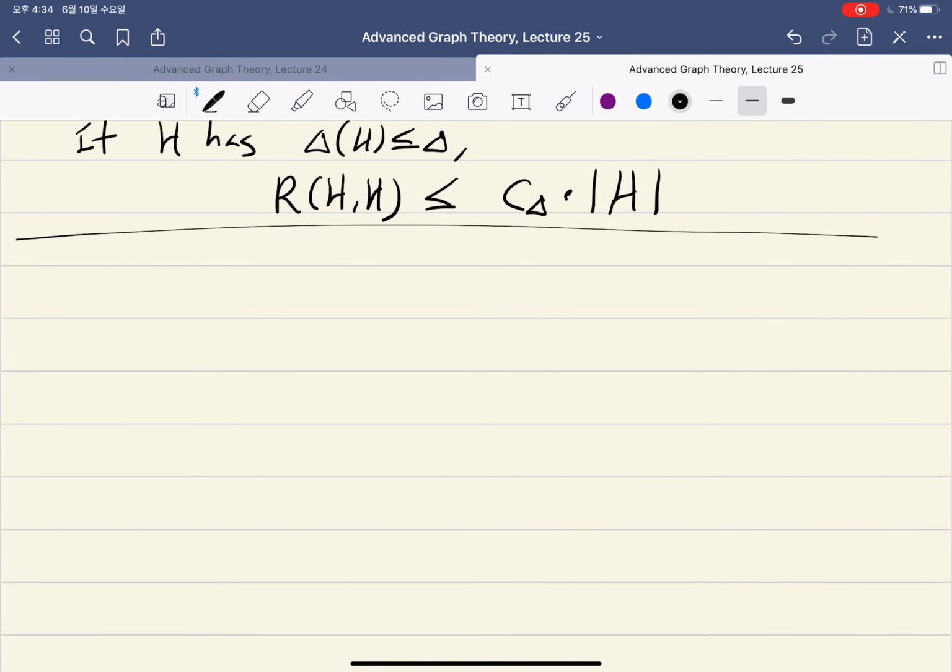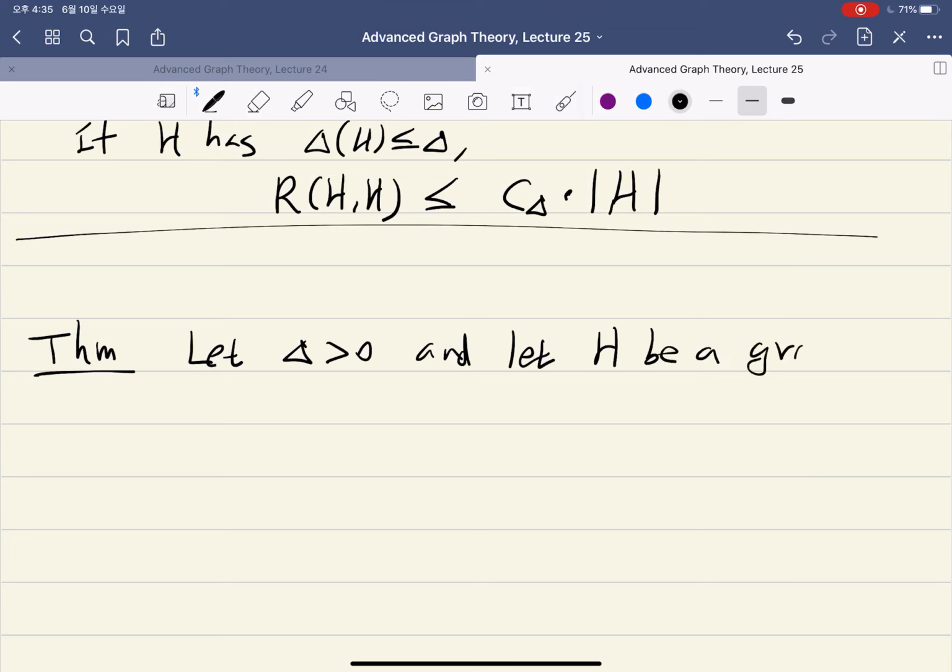And this can actually be proved using the regularity lemma. So let delta be a positive number and let H be a graph of maximum degree at most delta.